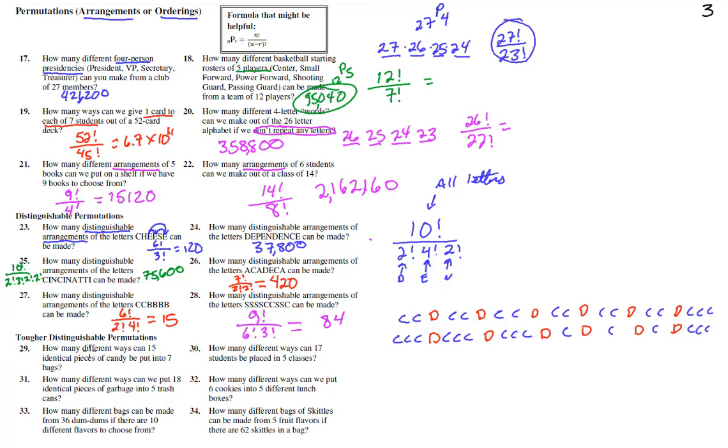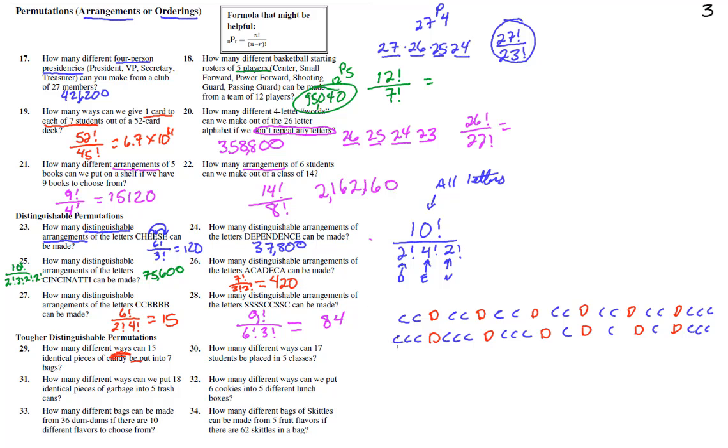And each way of putting the 15 identical pieces of candy is a distinguishable permutation. So in this case, there are 1, 2, 3, 4, 5, 6 dividers that make the 7 bags. The 7 slots are made because there are 6 different spacers in there.